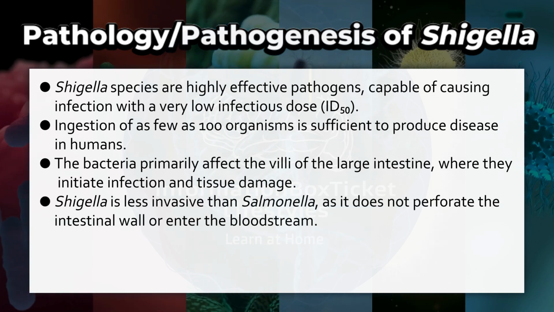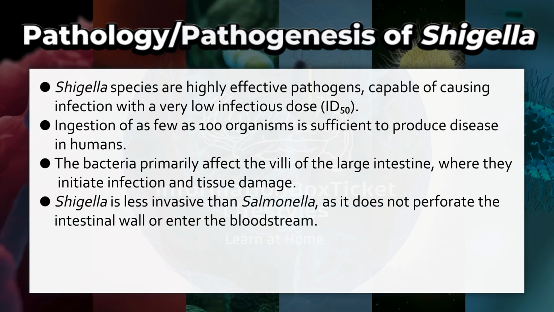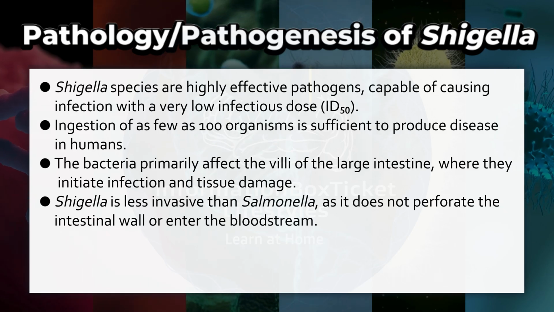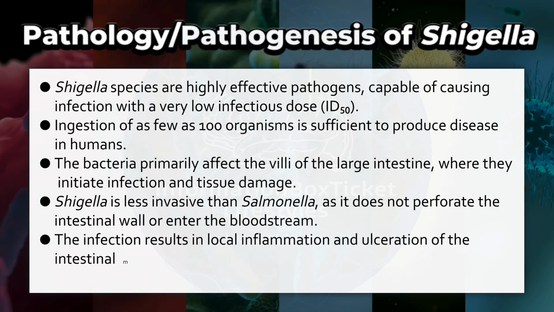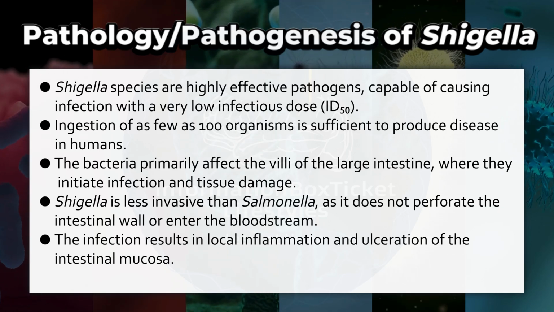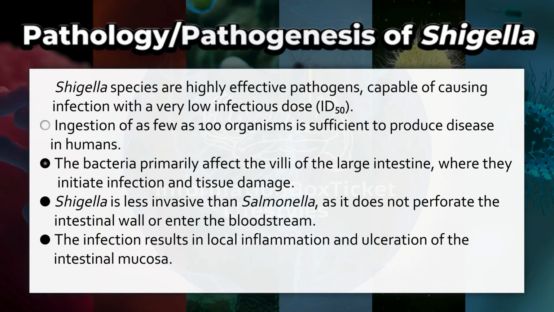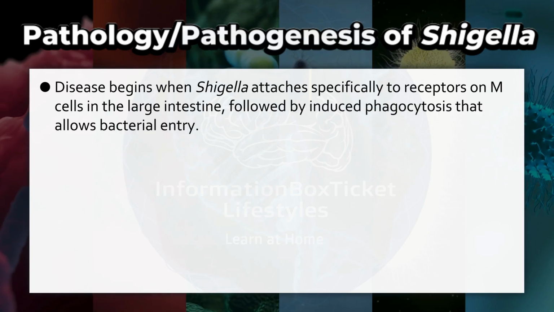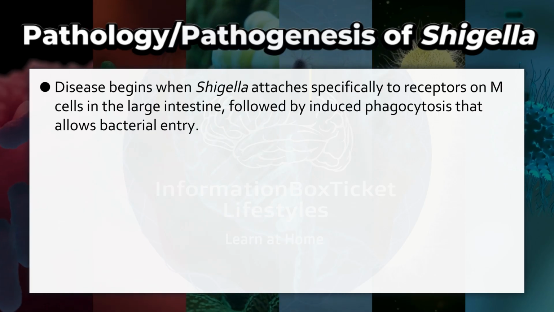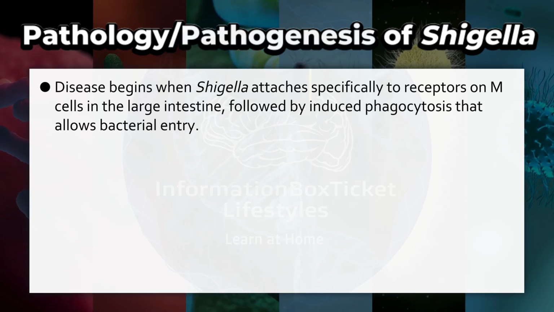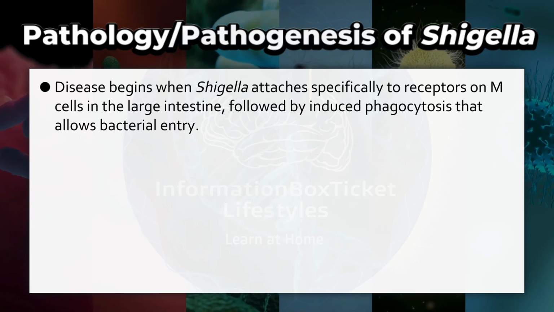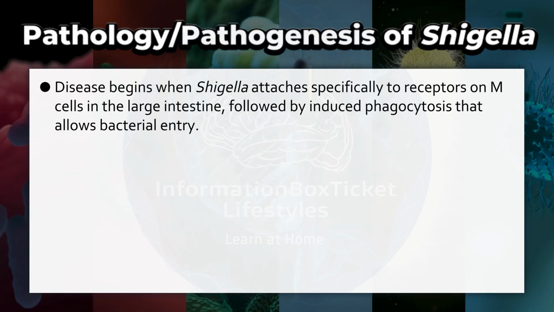Shigella is less invasive than Salmonella, as it does not perforate the intestinal wall or enter the bloodstream. The infection results in local inflammation and ulceration of the intestinal mucosa. Disease begins when Shigella attaches specifically to receptors on M cells in the large intestine, followed by induced phagocytosis that allows bacterial entry.